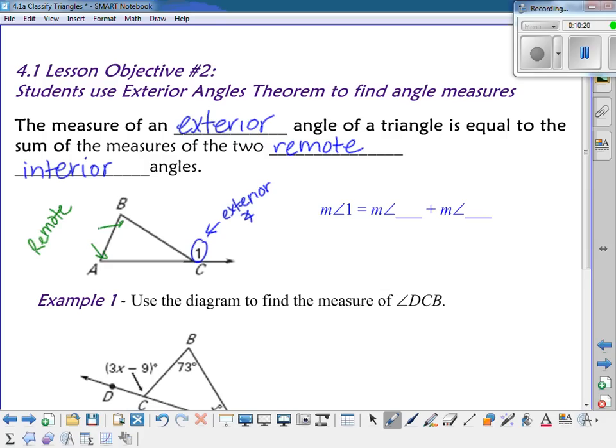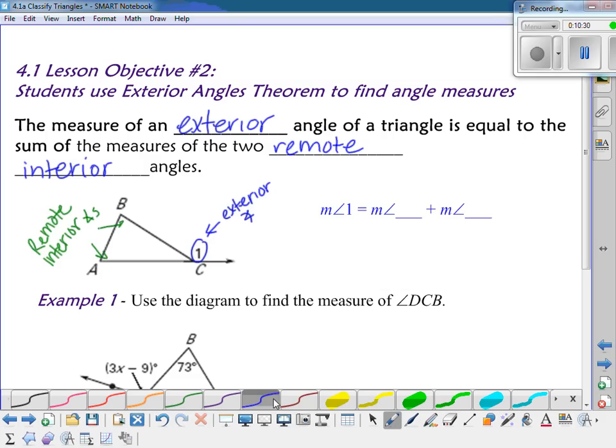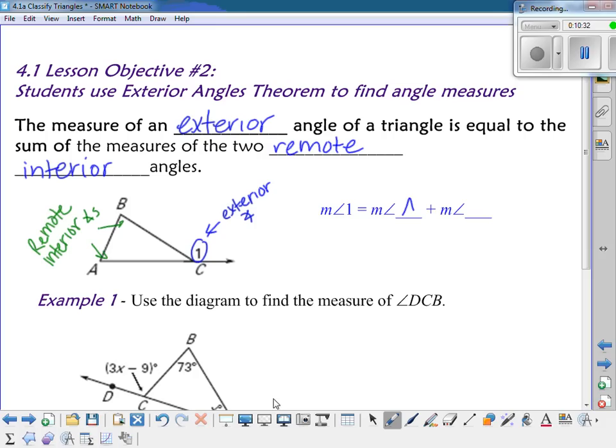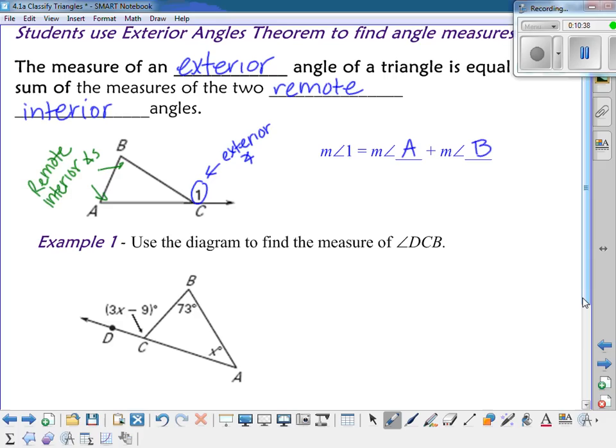Remote interior angles. Okay, so in my figure, the measure of angle 1 is going to equal the measure of angle A plus the measure of angle B.